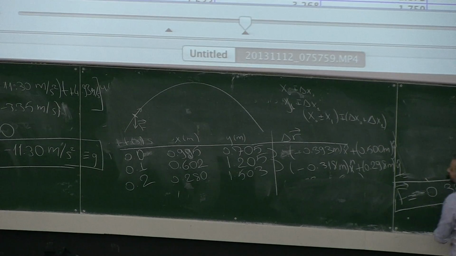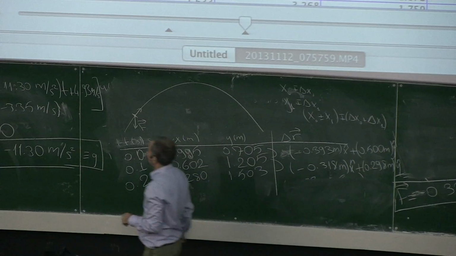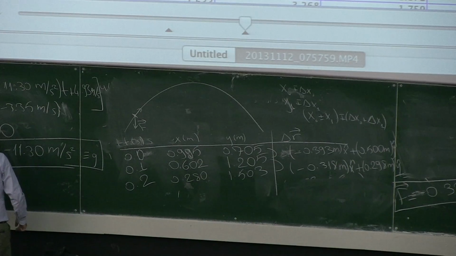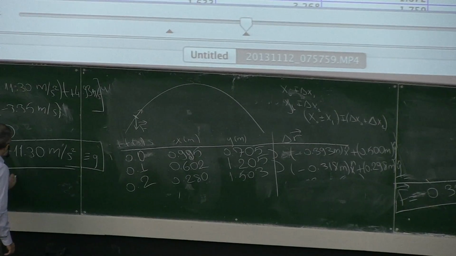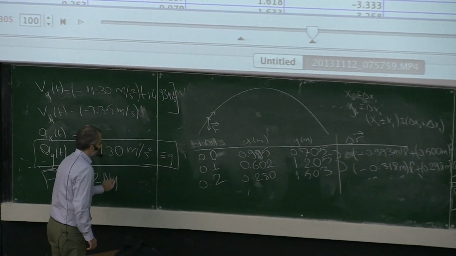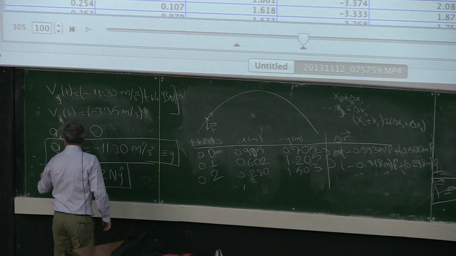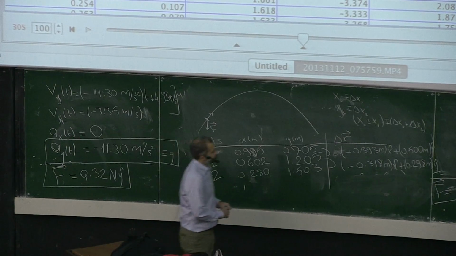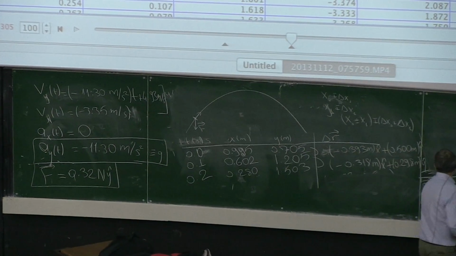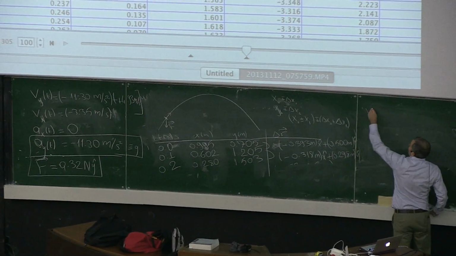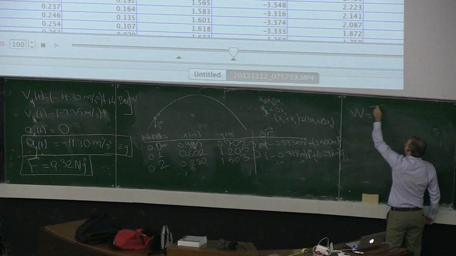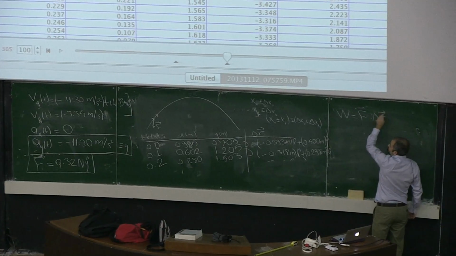So this is the force we have. Let me write it over there. Now the work done, we had defined it as the force times the change in y.